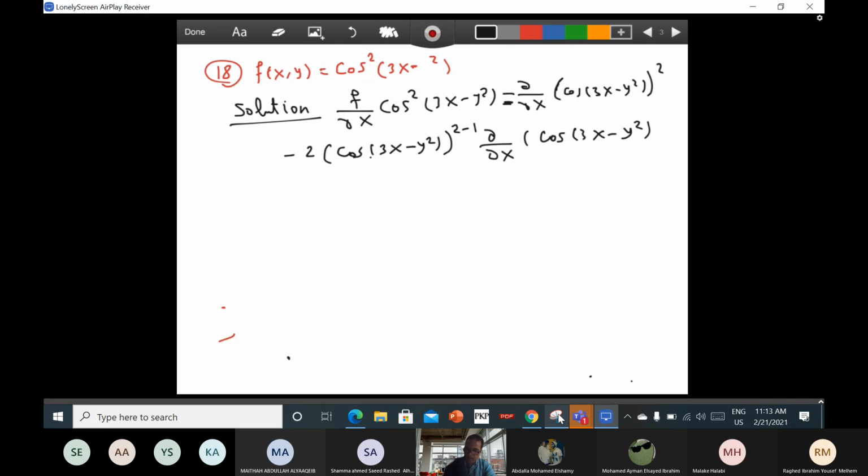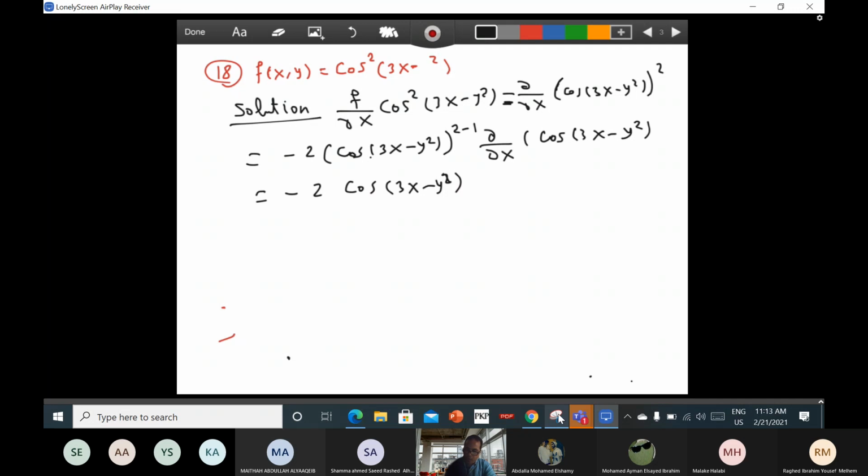Now I have minus 2 cosine (3x minus y square), and the power 2 minus 1 is 1.